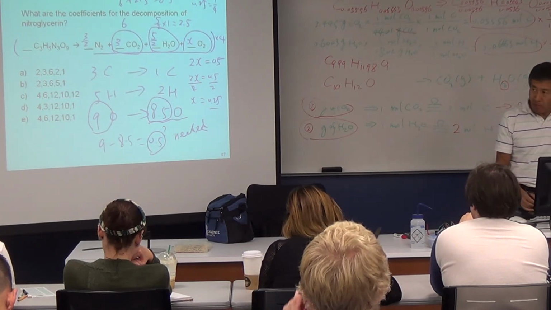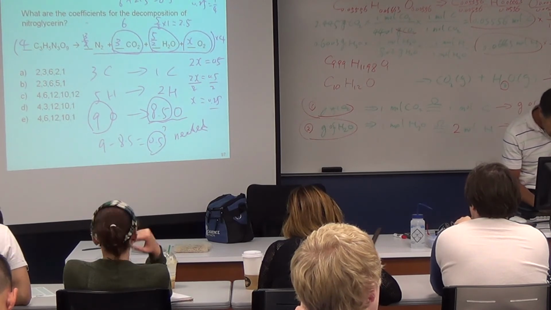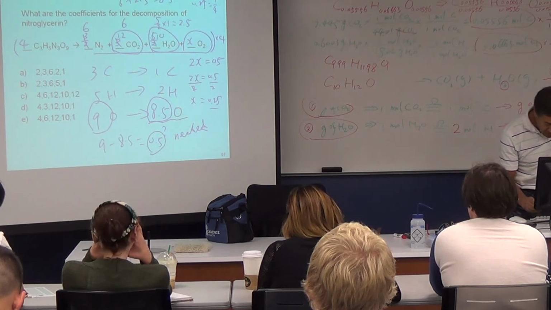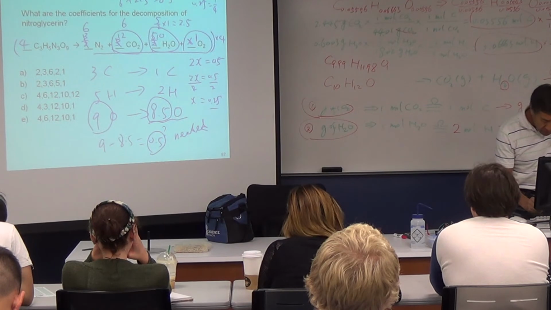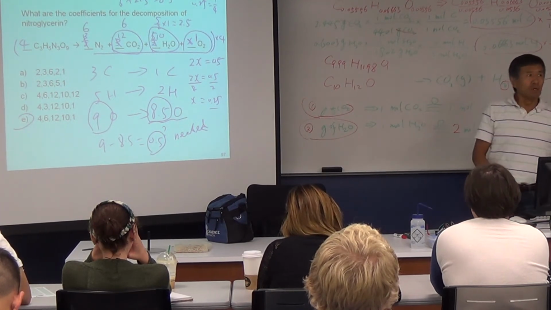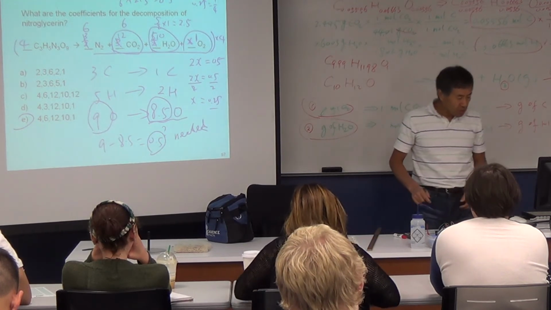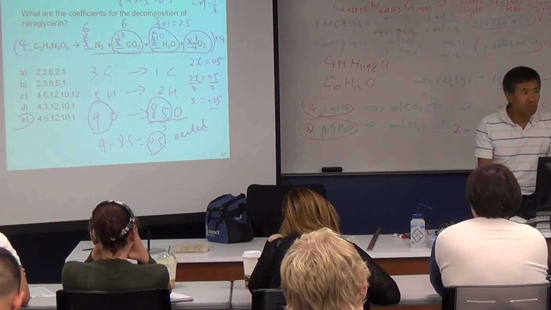After we multiply, this becomes 4, this becomes 6, this becomes 12, this becomes 10, and this becomes 1. So the answer is E. Do you understand now why we use 1/4 here?